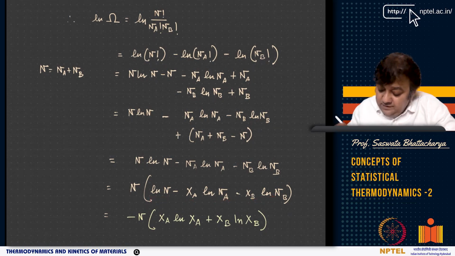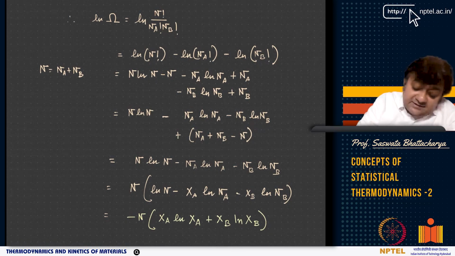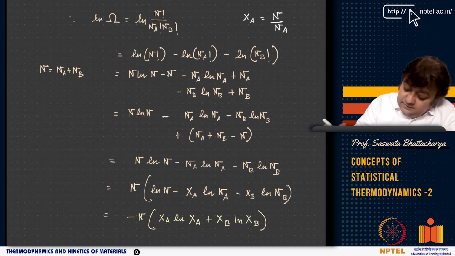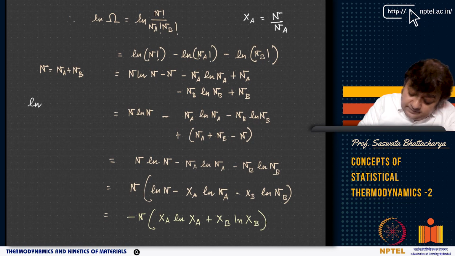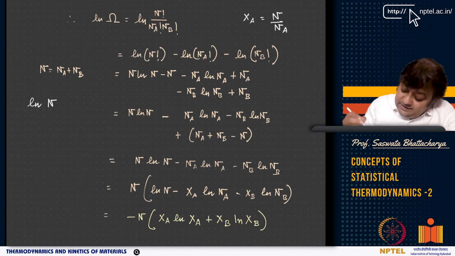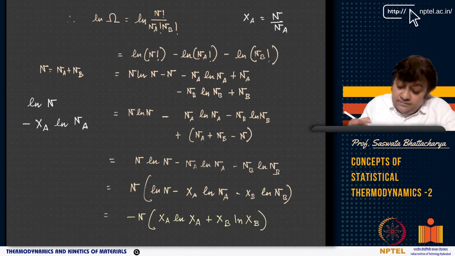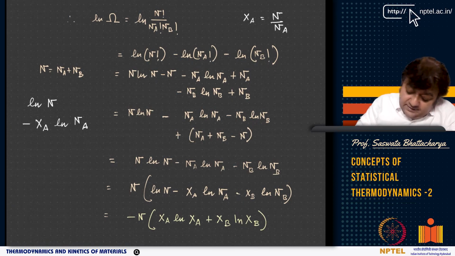Now if you see, Xa is nothing but the mole fraction, Xa equals Na by n. So I get ln n minus Xa ln Na, and I want to make it like this.